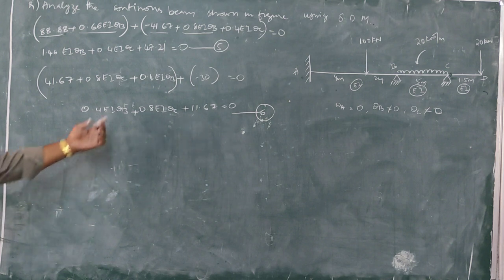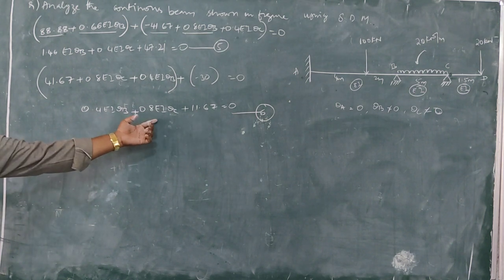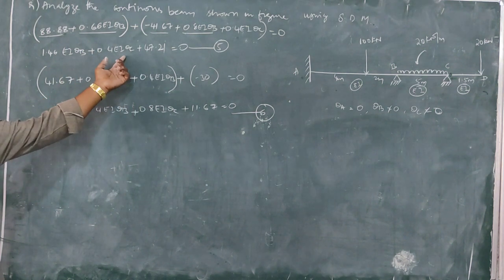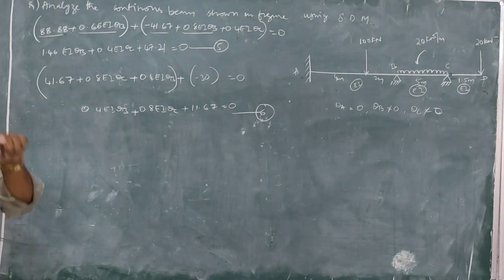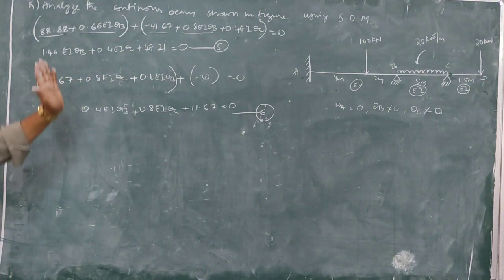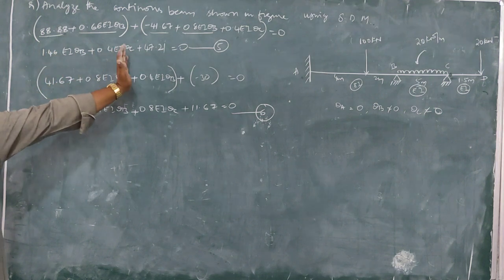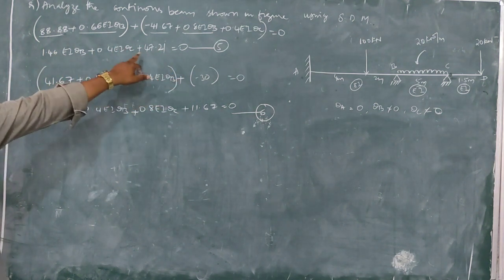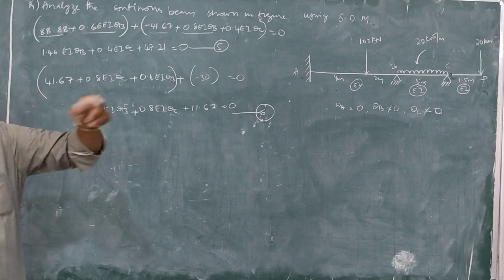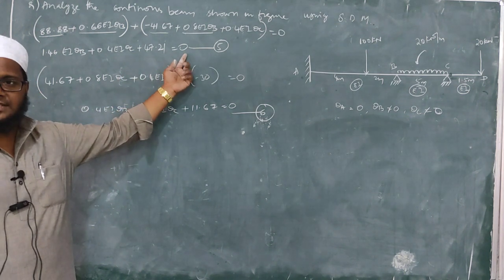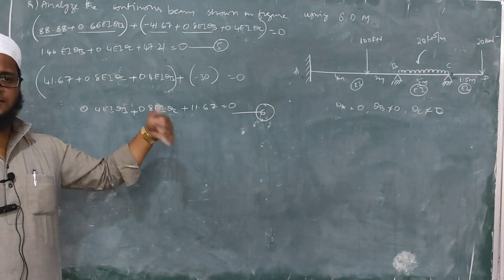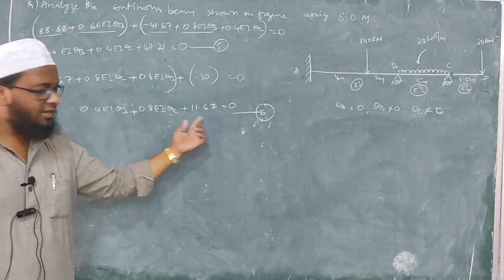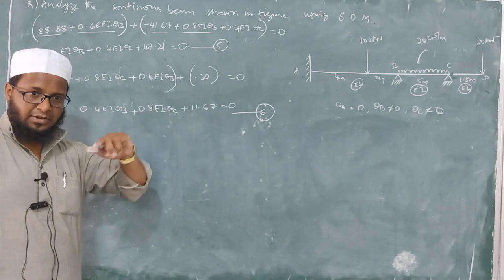So once you solve, see here we have EI theta B, theta C, here we have EI theta B, theta C. So in your calculators we can solve these type of equations, isn't it? If you go to equations, you'll be having AX plus BX equal to C. When there is equal to C, you send this term towards right hand side and write minus 47.21. Similarly here, write it as minus 11.7 in your calculators.